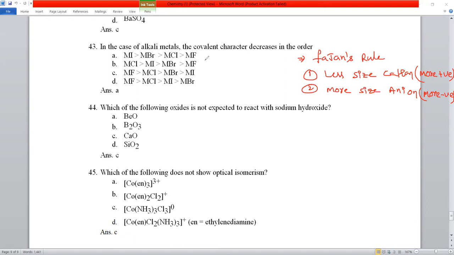Metals all have the same charge, so only anion size matters. Iodine is larger than bromine, than chlorine. Top to bottom size increases, so covalent character also increases. So that's why option A is correct.